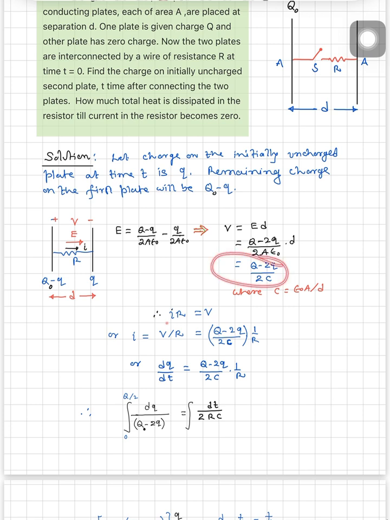Using this relation, we can write I in terms of the present charges on the plates, replacing V from here, and I is nothing but dq by dt, because in this direction I will lead to growth of this charge small q.